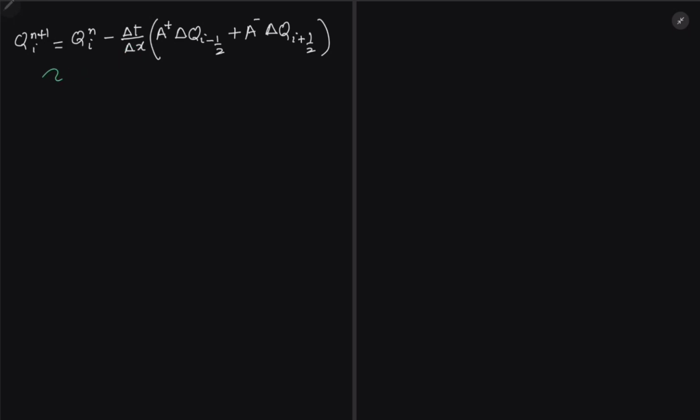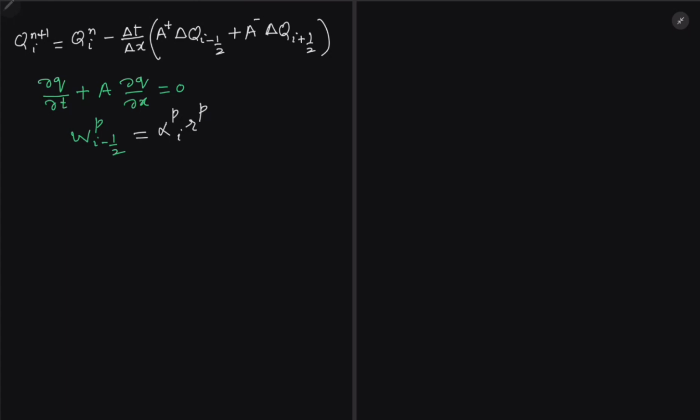Now suppose that we have the equation a partial q by partial x is equal to 0. Then we can write the waveform at i minus 1 half as alpha p i r p, since all the values may be coming from left to right for the cell i.